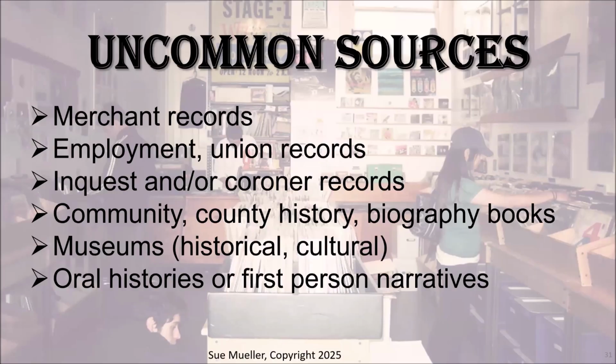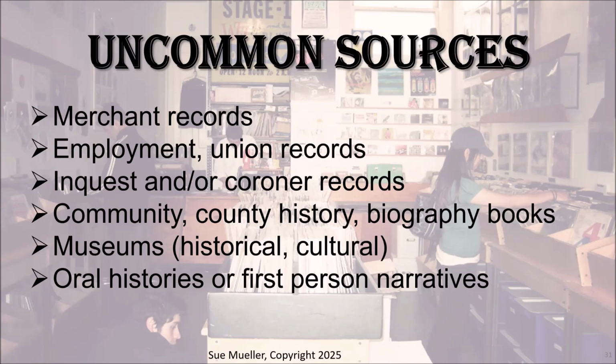So some places you might not think to look, and which won't be available for tomorrow's researchers, I suspect, were merchant records, employment records, union records, and coroner records, and coroners generally are involved if there's an unattended death.